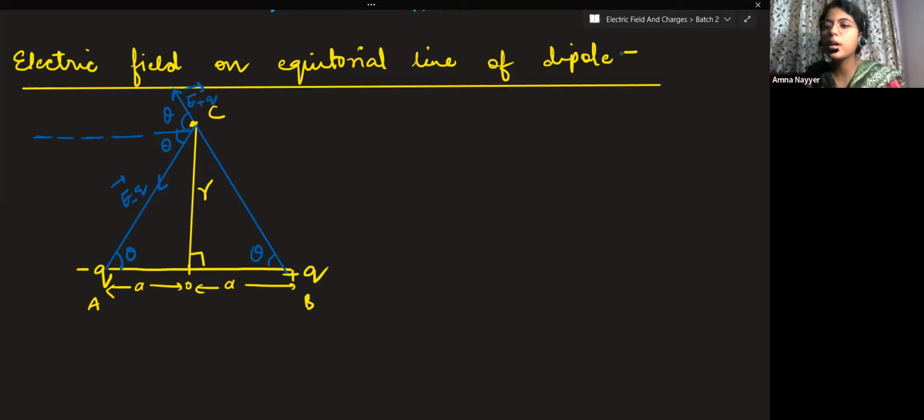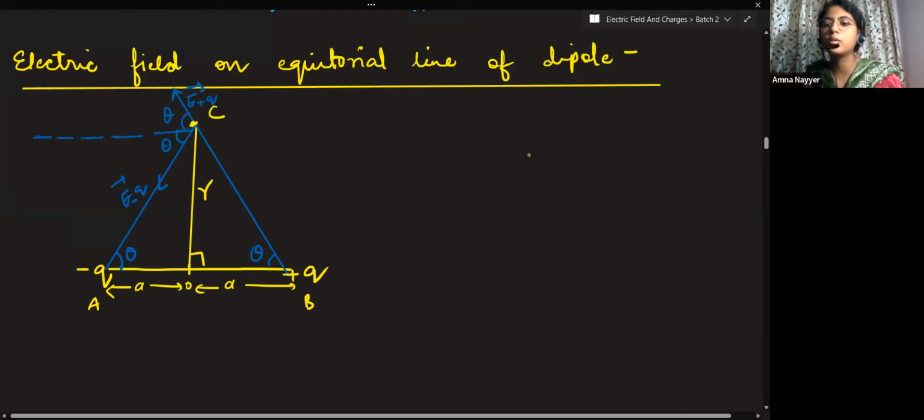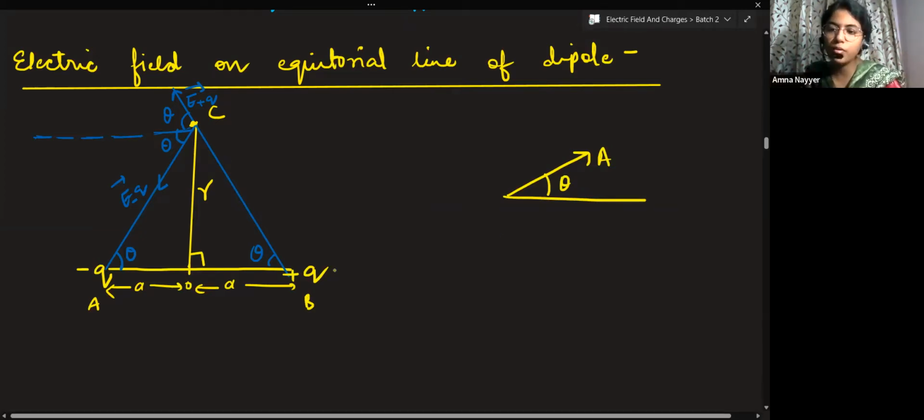So if you remember resolution of vectors, if you have a quantity A and this is the angle theta, how do you resolve it? What will be this component?